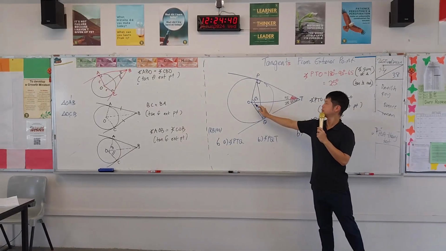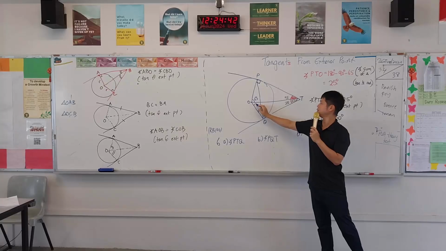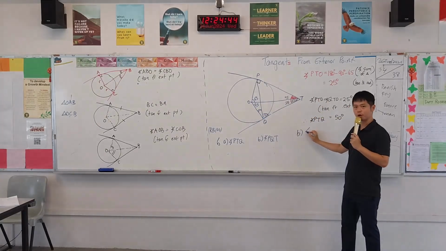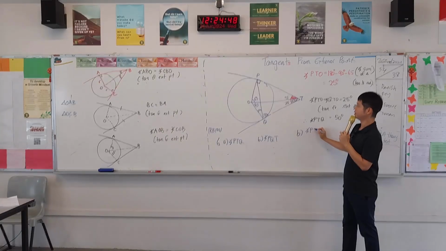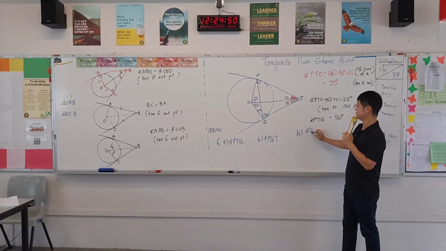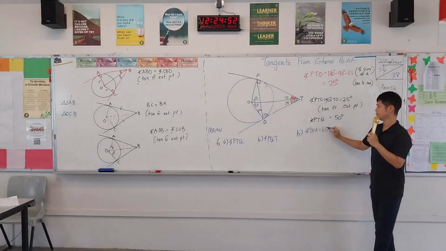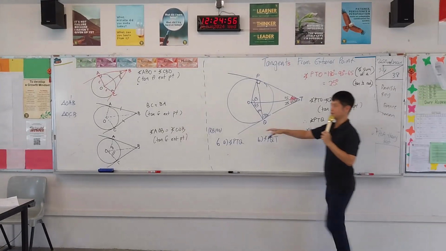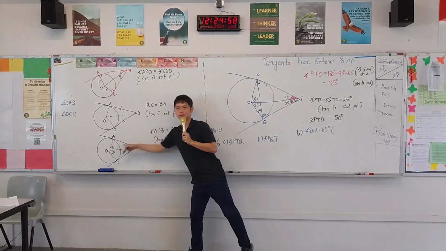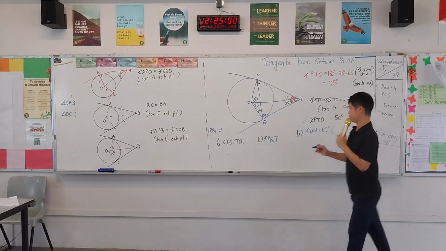What is the angle here? TOQ. Yeah, the TOQ is 65. So it's a bit longer, but it's the more proper way of doing it. So angle TOQ is 65. Help me out. What's the reason? Yeah, tangent from exterior point.